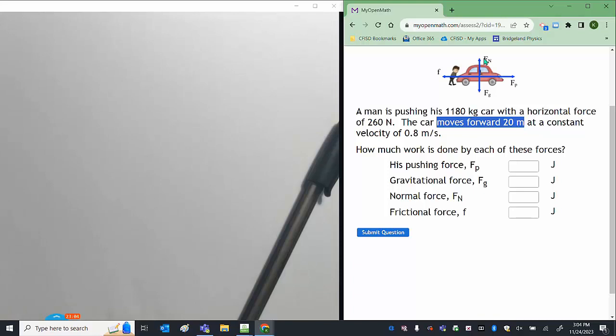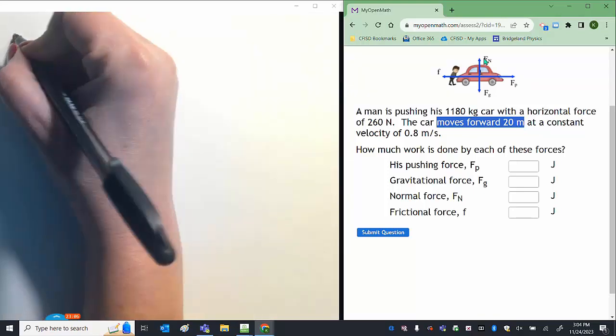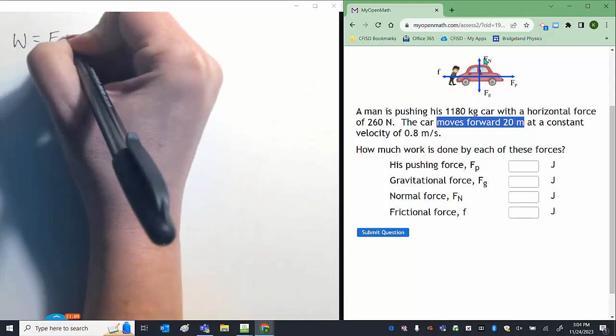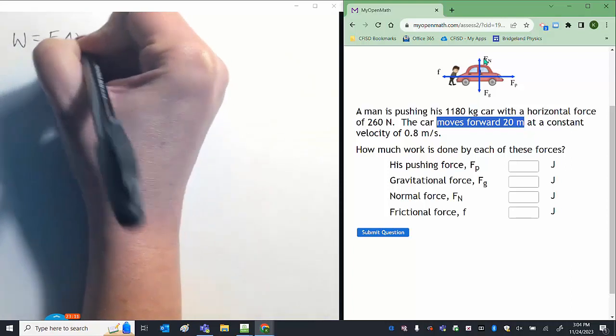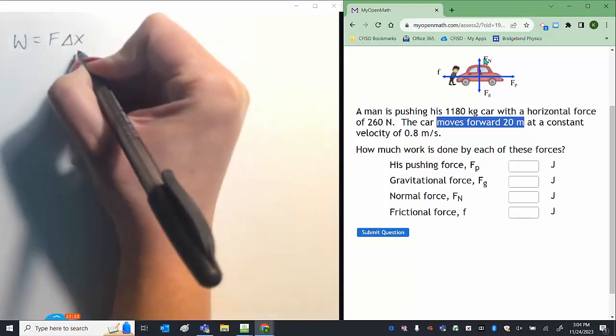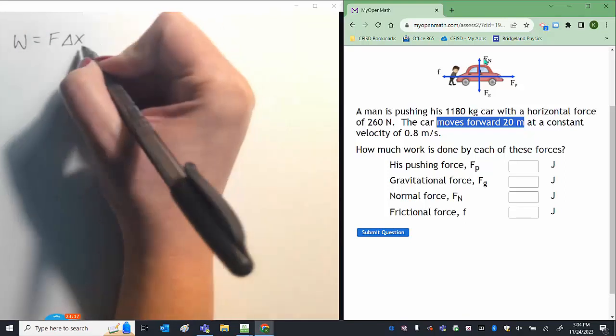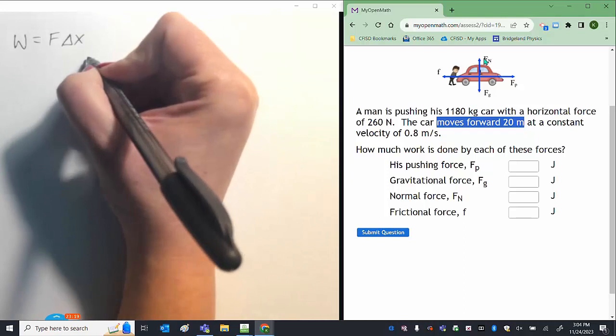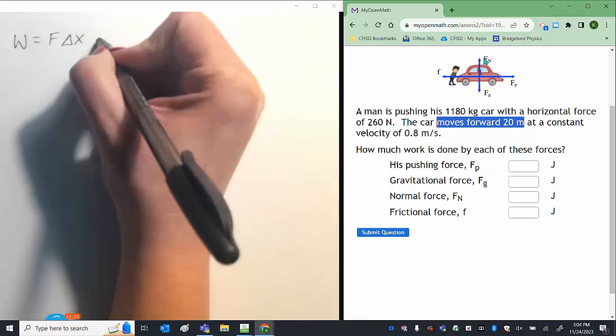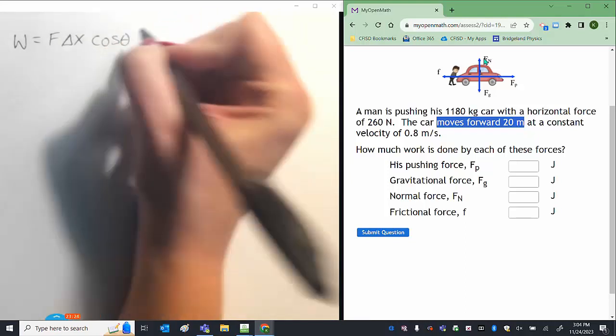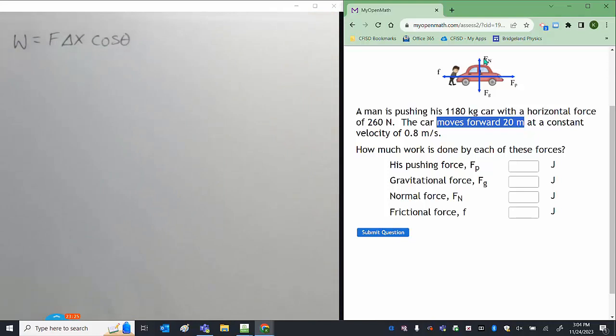Okay, well again, this is our equation for work. Work is force times displacement, but it's only the component of displacement that's parallel to the force. Okay, your displacement needs to be in the same direction or along the same axis. Again, that's why we write it like this. It's actually that dot product of force and displacement.